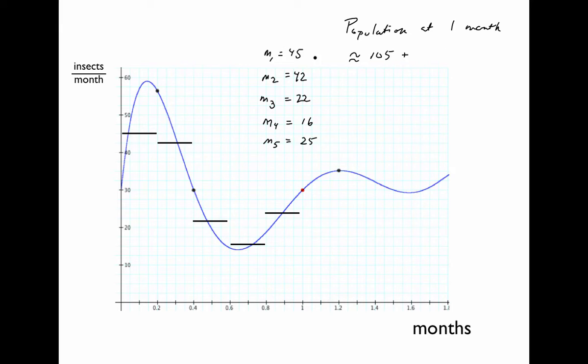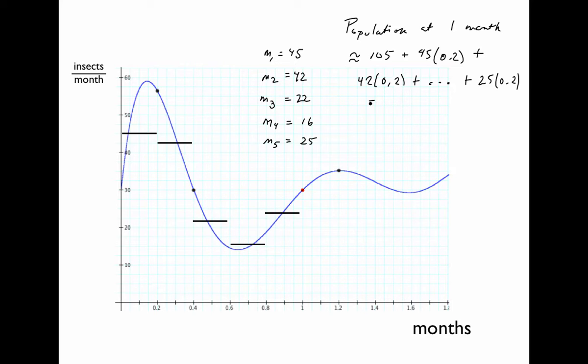And how do we get the total change in the quantity? Total change in the quantity at a constant rate is what? Just generally. M times change in x. M dx, right? dy is m dx. That's our bedrock for constant rate of change. So we're going to do m1 times change in x plus m2 times change in x, plus all the way to 25 times the change in x.